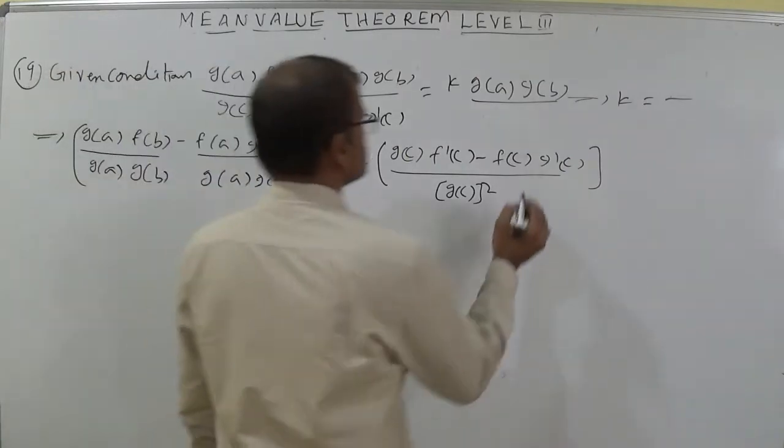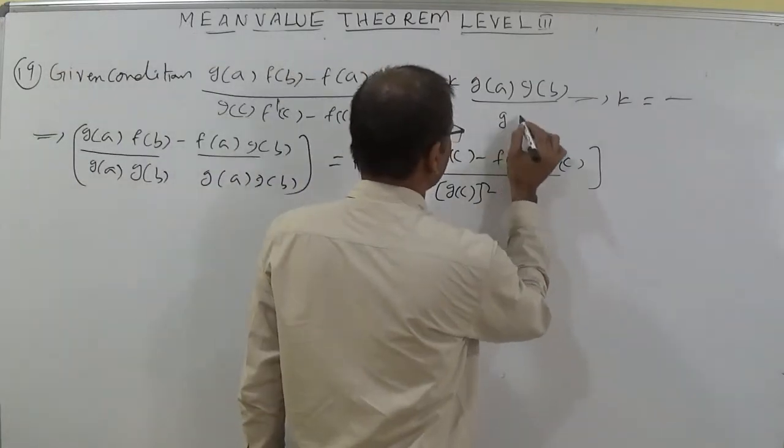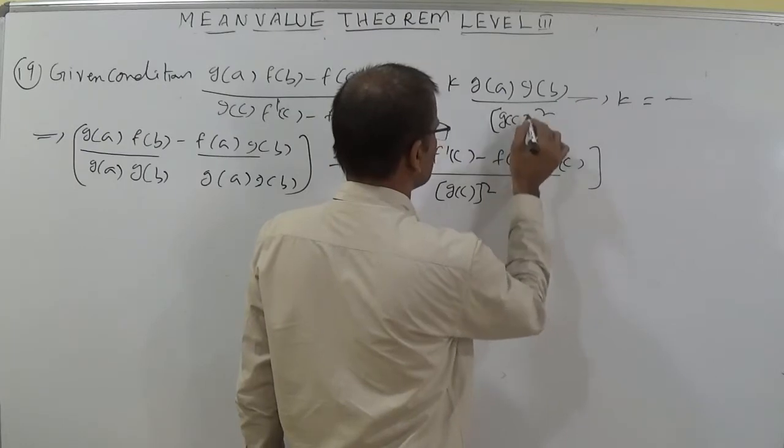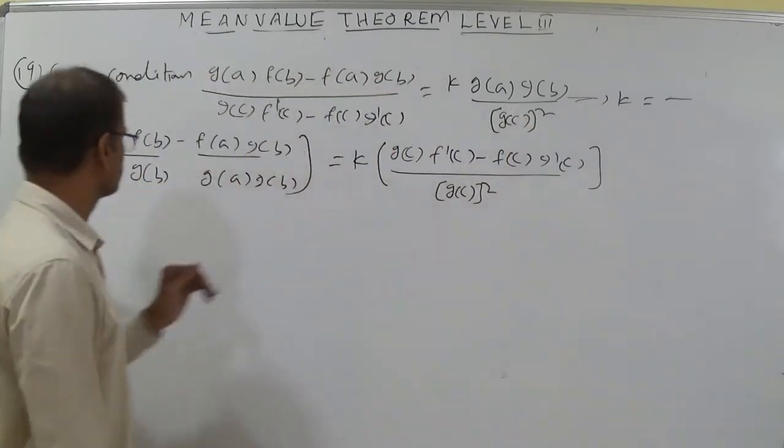Because this is of the form vu dash minus uv dash whole by v square.